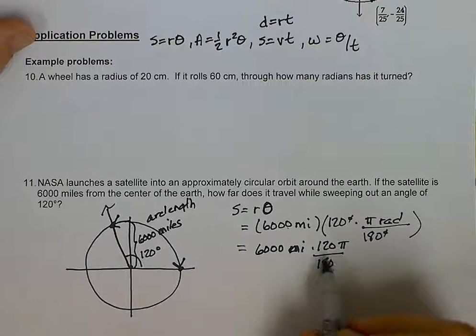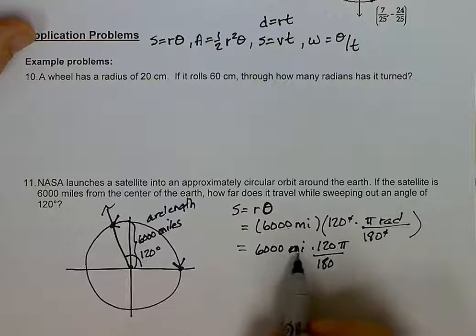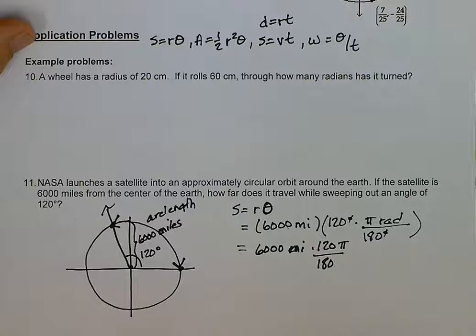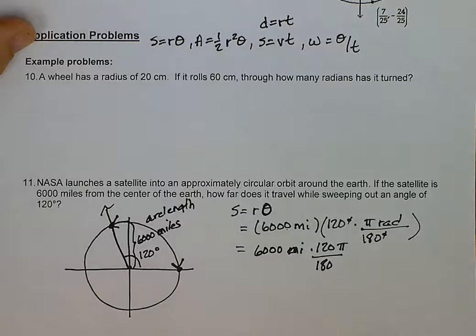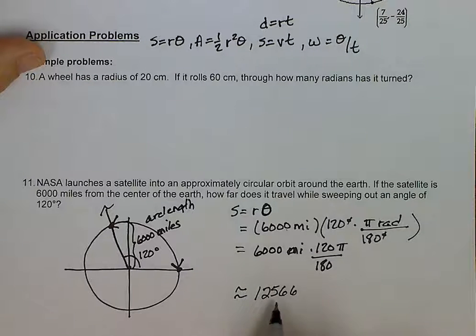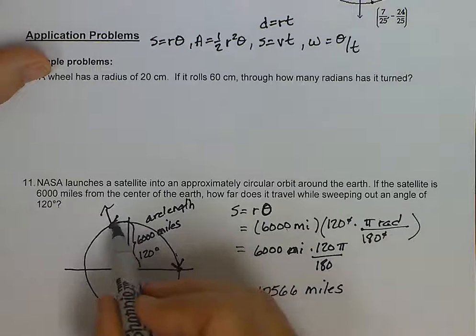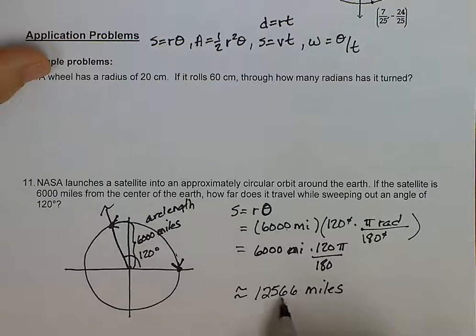And I'm not writing the radians in here since it doesn't actually count as a unit. The unit I want to end up with is miles, and that's what I'm going to get. Now I can just multiply and divide this on my calculator. I'm just going to round this to the nearest mile, and this gives me 12,566 miles. So the distance that the satellite traveled from here to here was 12,566 miles.